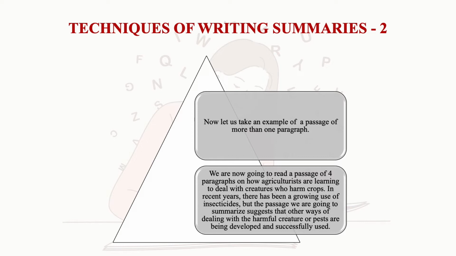In recent years, there has been a growing use of insecticides, but the passage we are going to summarize suggests that other ways of dealing with the harmful creature or pests are being developed and successfully used. So, the passage that we have is integrated pest management.